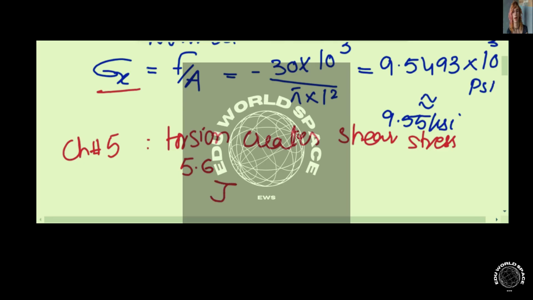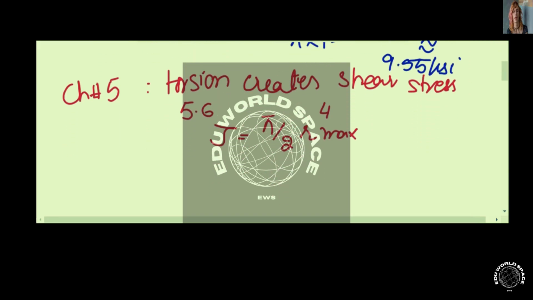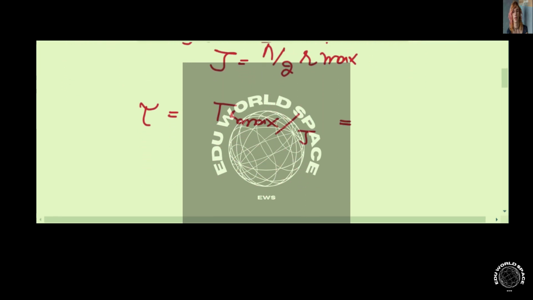For a circular shaft, J is equal to pi divided by 2 times r raised to power 4, so tau sub max is equal to T times r sub max divided by J, that is 2 times T divided by pi r cubed.